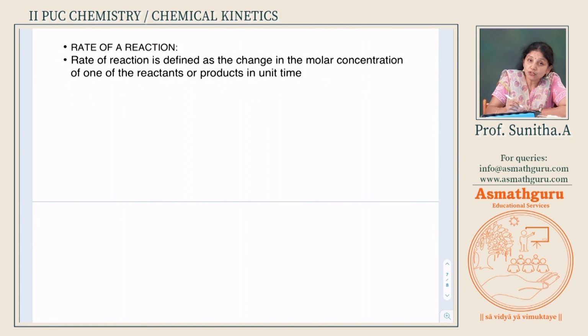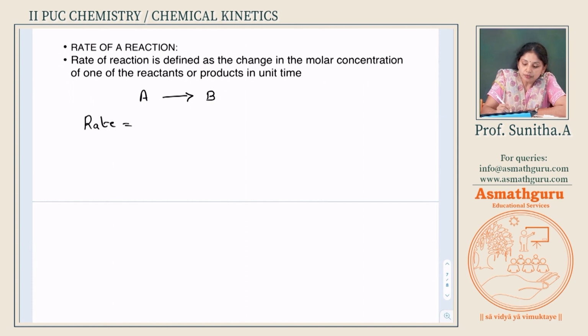So, how do you show this? Suppose I have a reaction, A is getting converted to product B. So, we will say the rate of the reaction is equal to minus delta concentration of reactant A by delta T, where delta means change.